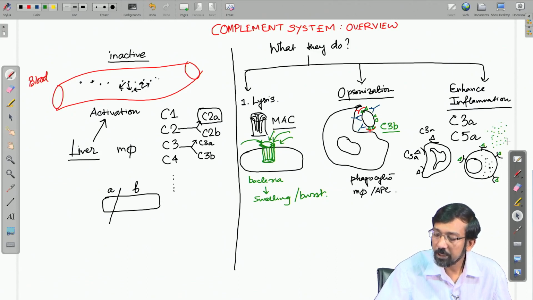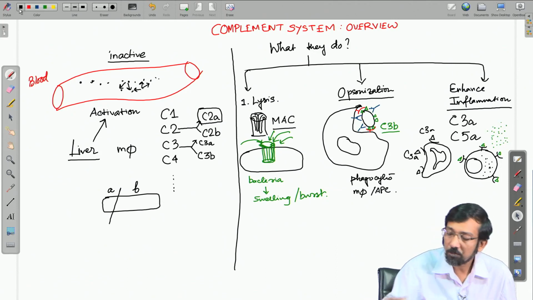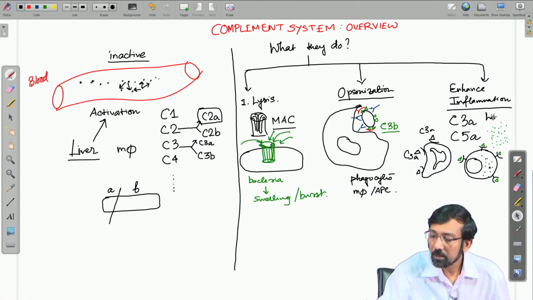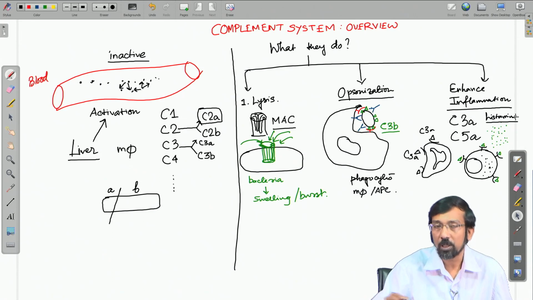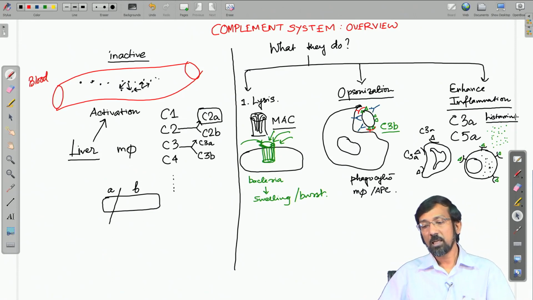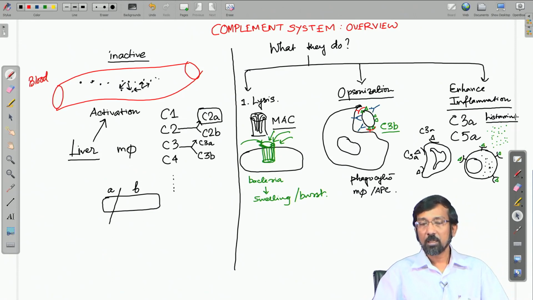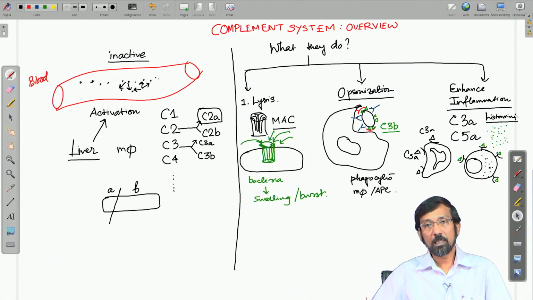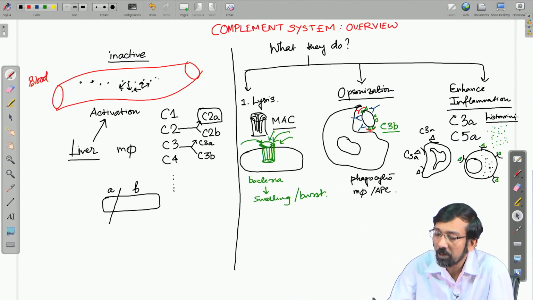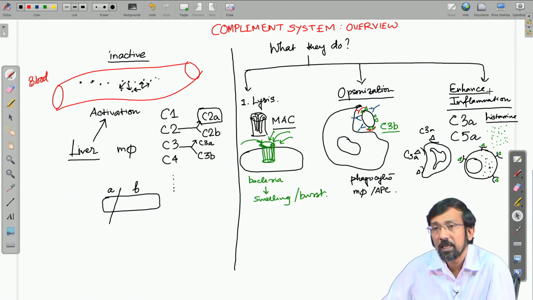Degranulation leads to the release of histamine. If you remember, we told in one of our initial classes that the release of histamine leads to vasodilation and increased vascular permeability. So, these are all enhancing the process of inflammation.